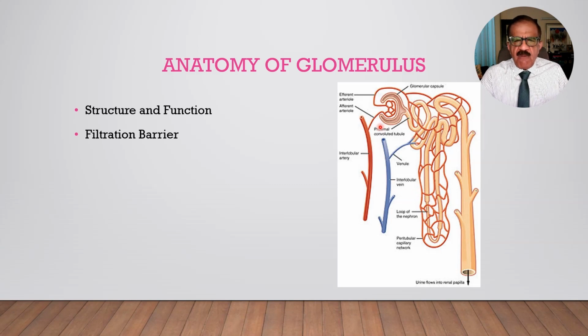Now one factor which regulates the circulation is tubuloglomerular feedback. You know this tubule system, when it goes back, it passes very close to the nephron, and there are some specialized cells on these tubules called macula densa.